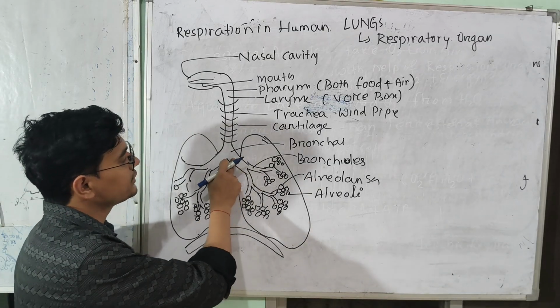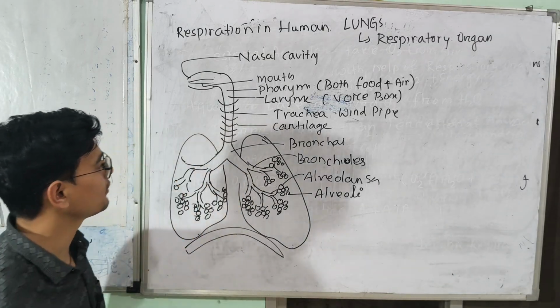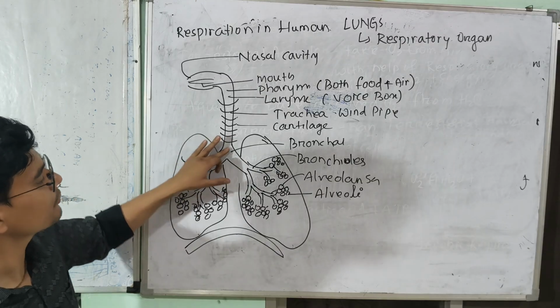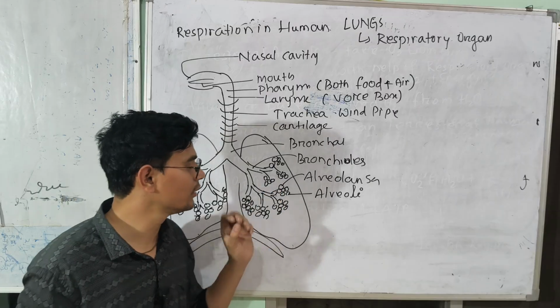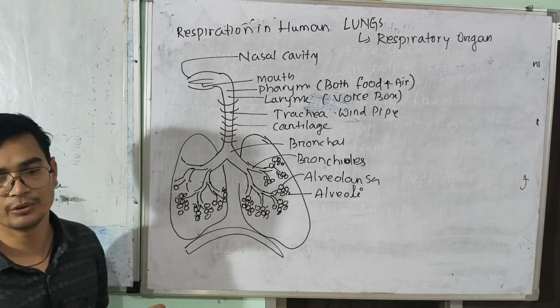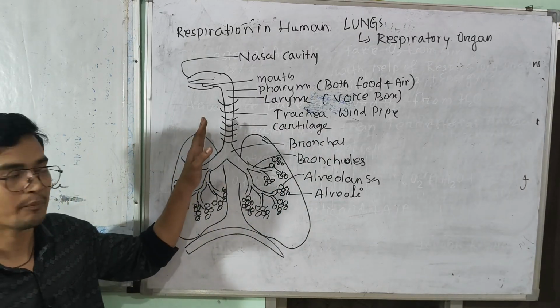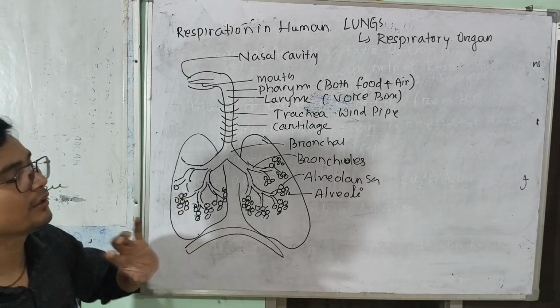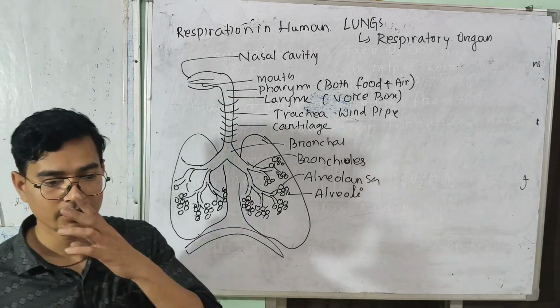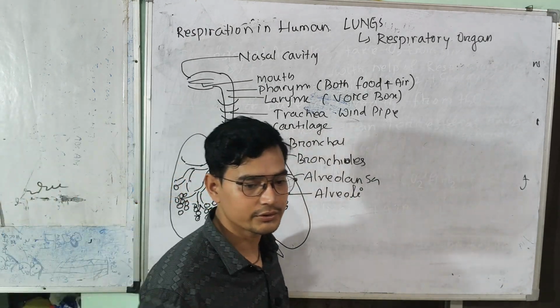And now this is the bronchi. At the T7 vertebral level it divides into the bronchi and bronchioles, and after the bronchioles, small balloon-like structures, the alveoli, are present. This is the pathway of air. In this way air enters into our lungs.